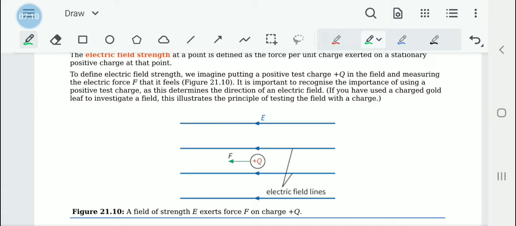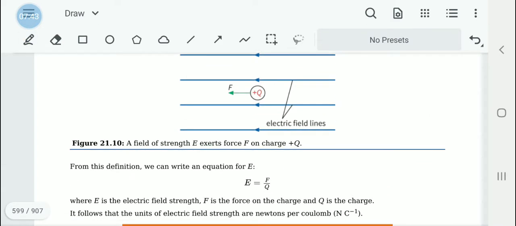We have to use a positive test charge because that will actually give us the direction of the electric field, right? When you use a charged gold leaf, we test the field using a charge. That is exactly what is happening here. It's a similar concept.